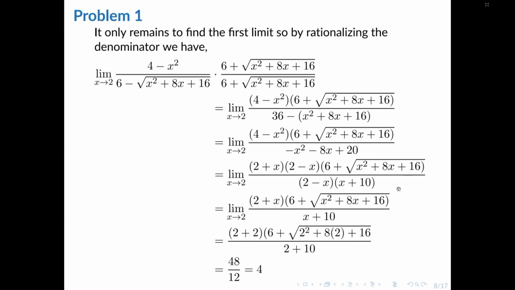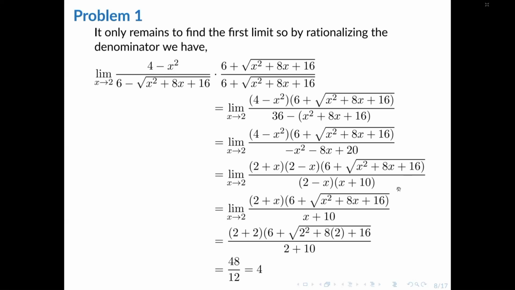You can notice that there is a common factor in the numerator and the denominator, which is 2 minus x. Cancelling this, we get the limit of the quantity 2 plus x times 6 plus the square root of x squared plus 8x plus 16 all over x plus 10.